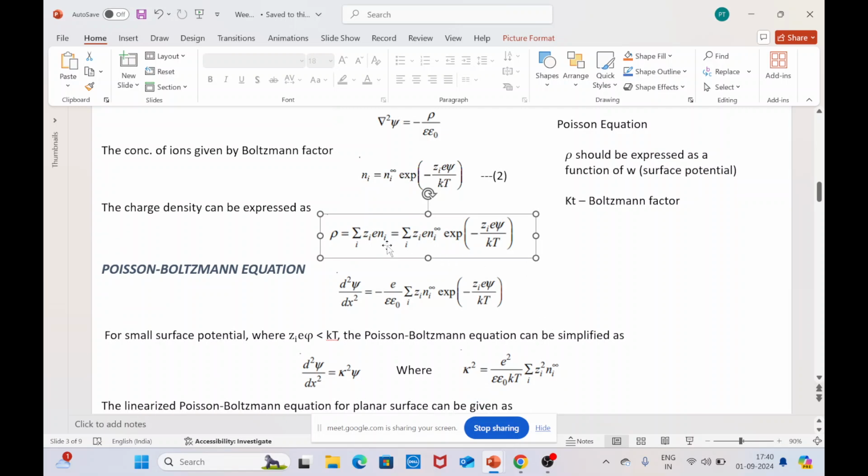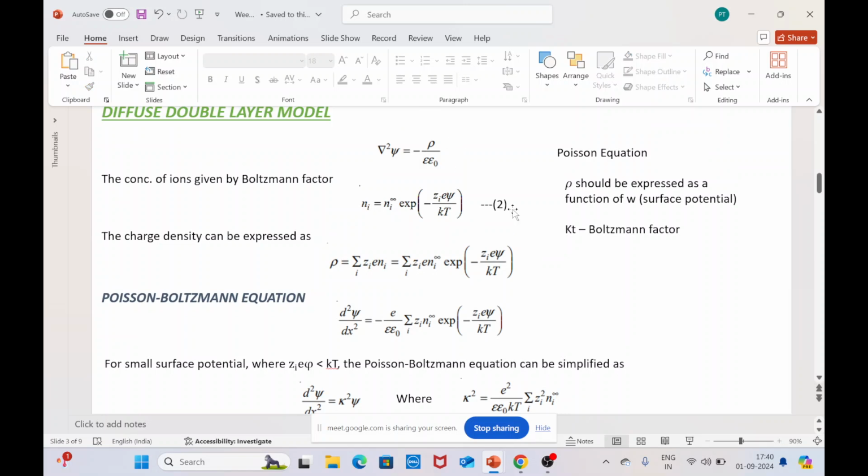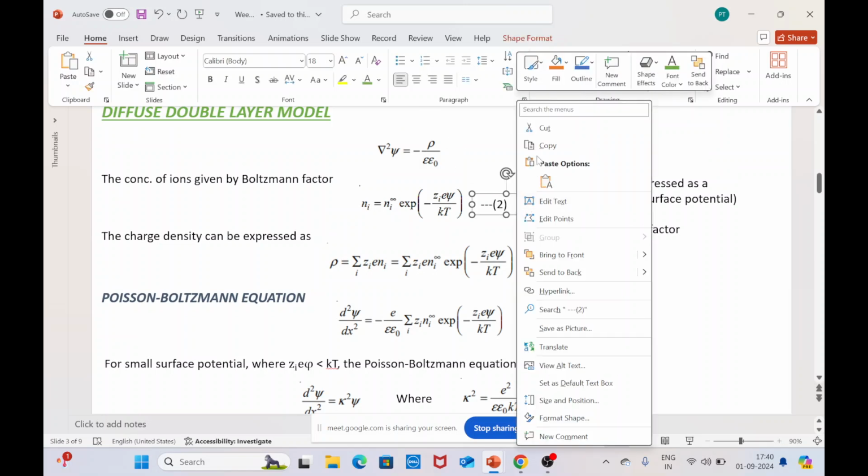So what we wanted to achieve was to express rho as a function of psi, that is your surface potential, and we have done that job. We have expressed rho as a function of psi, or your surface potential. Now use this expression 3 and substitute it in equation 1.